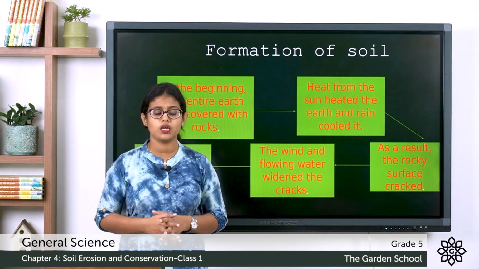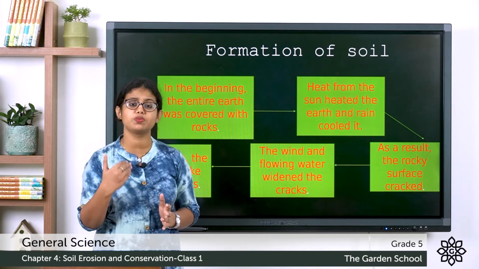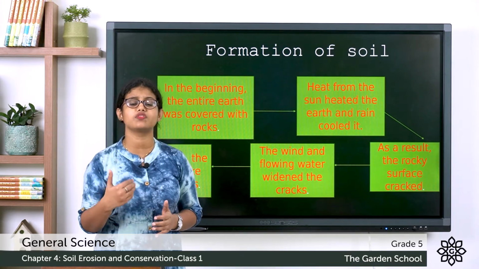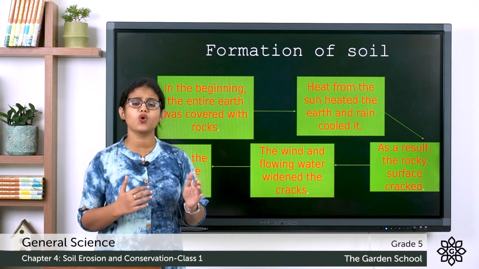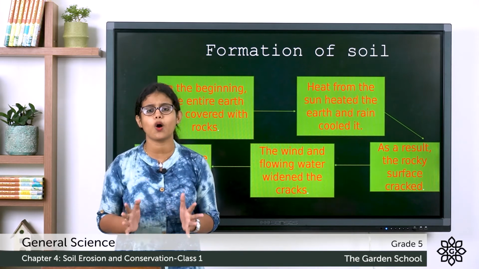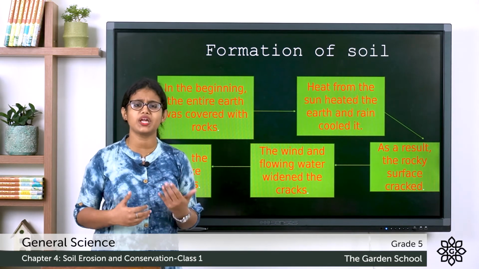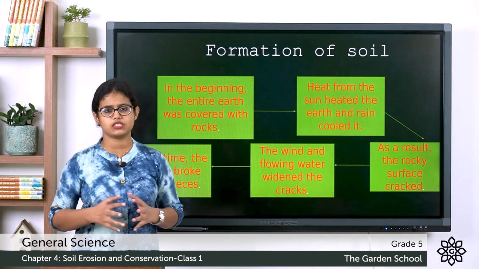You know how? The heat from the sun heated the earth. Do you know what happened because of this heat? Because of the heat, these rocks got cracked. And by the flowing air and strong wind, all these cracks got widened. So by wind, rain and frost, these rocks broke into pieces.